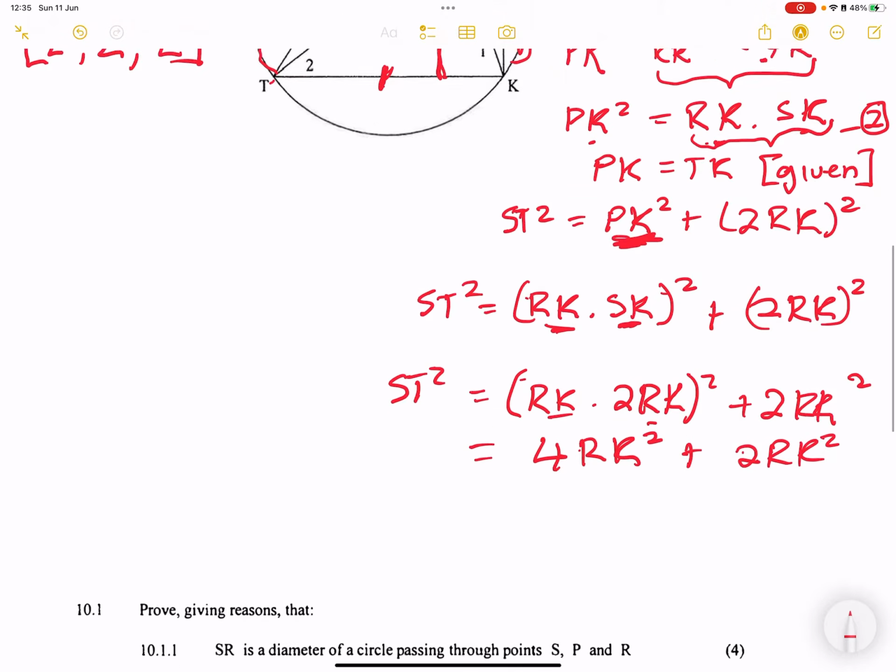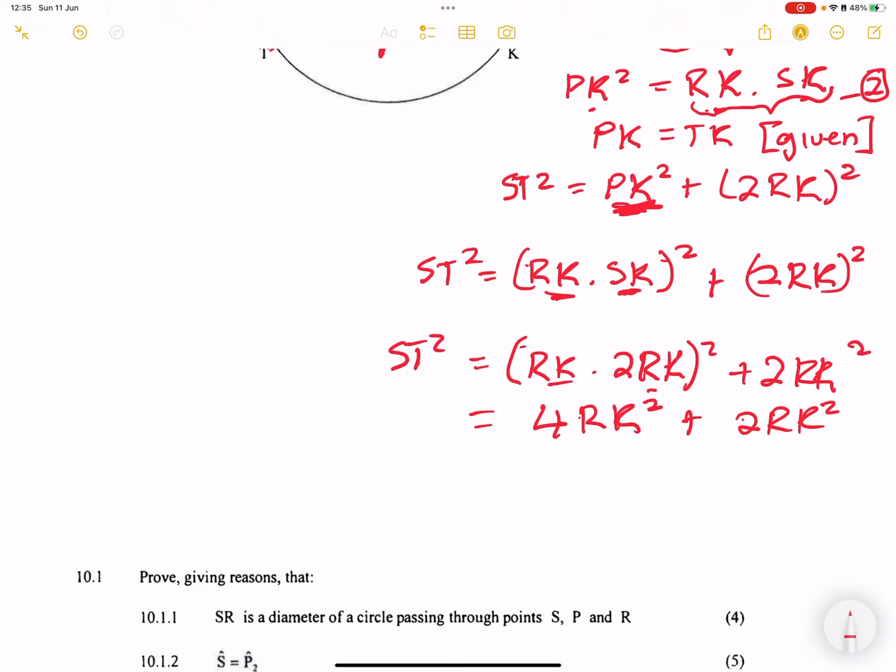So in this case, what does this mean? We're going to now add those two. So this is going to be 6 times RK squared. And that simply means that ST squared is equal to 6RK squared. And so ST would be equal to, if we take the square root on both sides, the square root of 6 multiplied by RK.